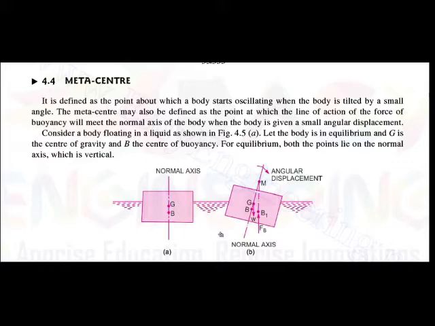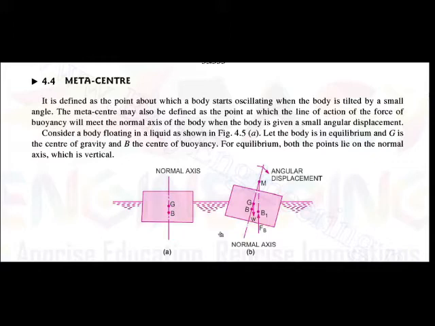Metacenter is defined as the point about which the body starts oscillating when the body is tilted by a small angle. In the figure you can see some body is floating over the water, and then it is tilted.